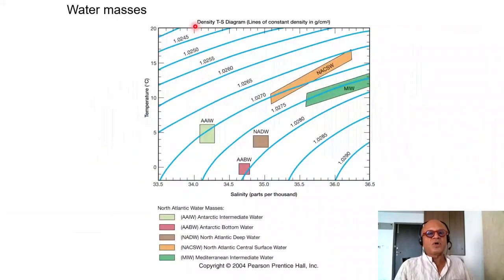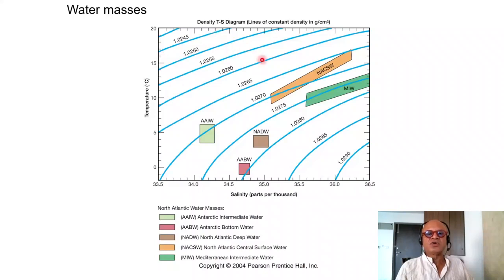Okay, so how to think about the density of water? Here we are looking at salinity in parts per thousand. Salinity is typically a non-dimensional quantity, in parts per thousand. Here is temperature. So you can see these constant density lines for a combination of temperature and salinity.